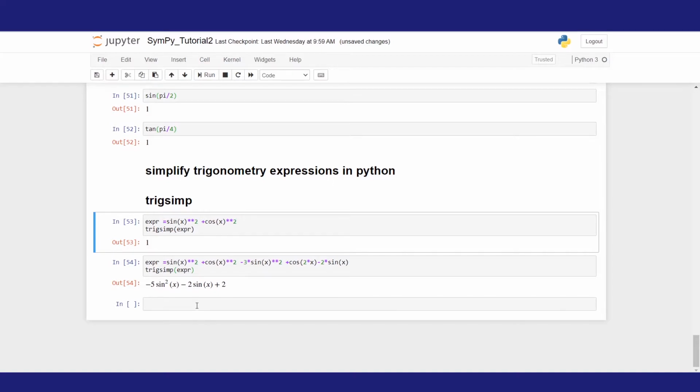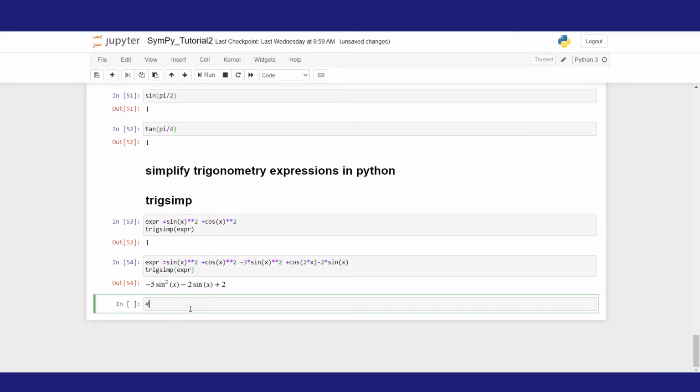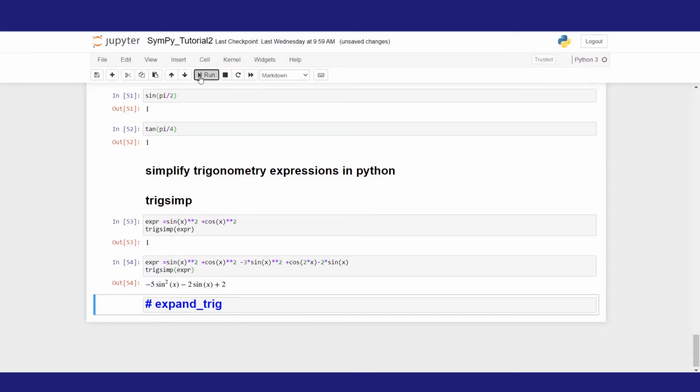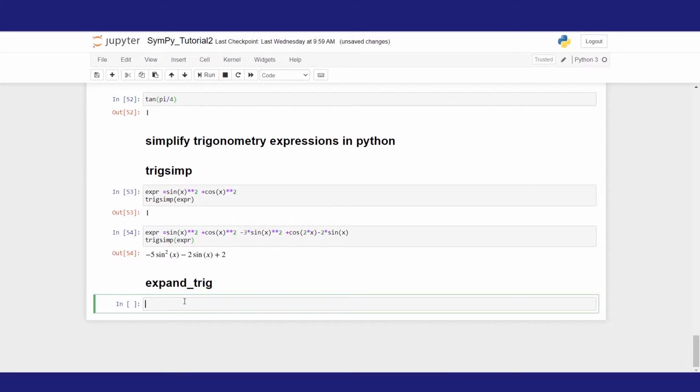And now let's look at expand trig as another function. We are going to see how helpful it is in terms of expanding trigonometric functions.